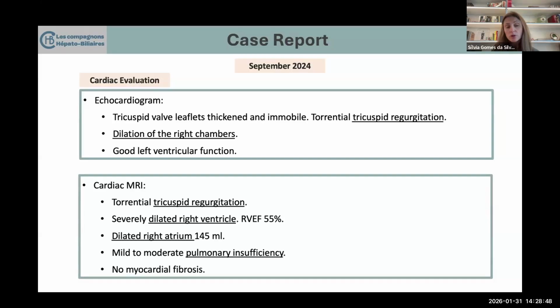They performed also a cardiac MRI with dilated right ventricle and right atrium and mild to moderate pulmonary insufficiency.